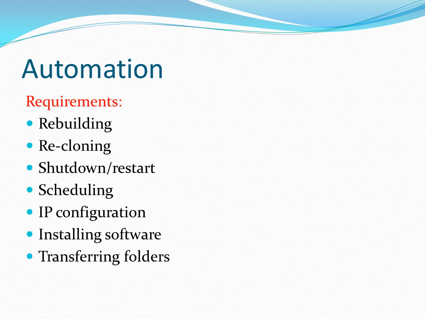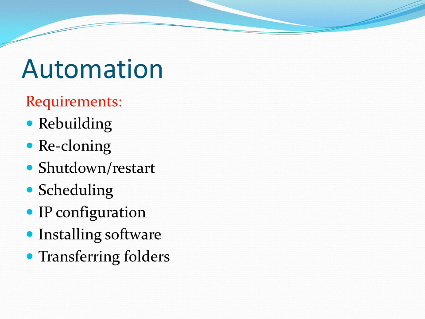Now, automation. What are the requirements of automation? Well, rebuilding, as I said, from using the ghost images, or recloning those VMware linked clones. Also, shutting down. We might want to shut down late at night, or restart. So, for example, if we're going to rebuild the machines, we'd probably want to restart them from the server first.